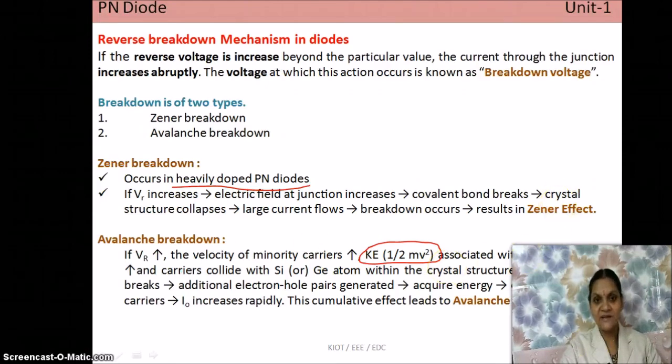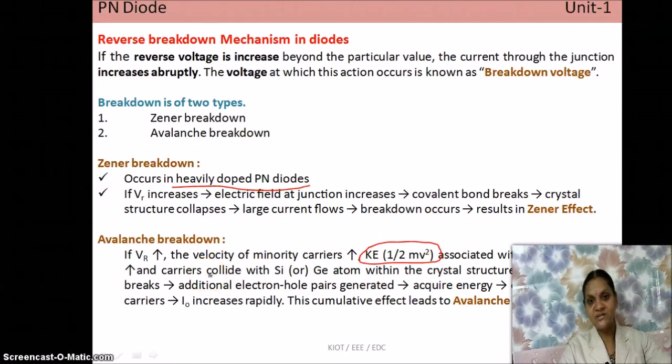So the kinetic energy associated with velocity increases; the kinetic energy formula is half mv squared, so if v increases, kinetic energy also increases. So the kinetic energy associated with the carriers increases, which means they are moving at a faster velocity.